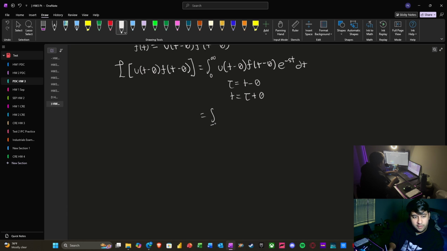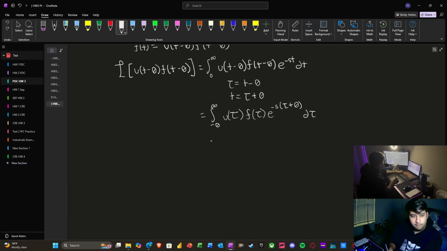One thing to note is that instead of taking it from 0, we're going to take it from negative theta. We're going to say u(tau) f(tau) times e to the negative s(tau plus theta), with respect to tau.